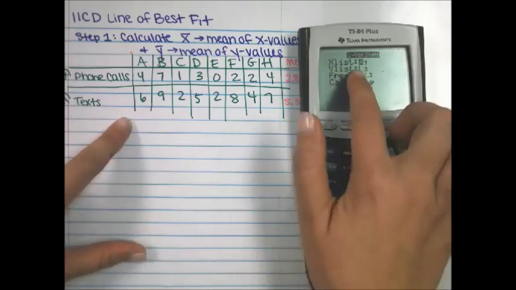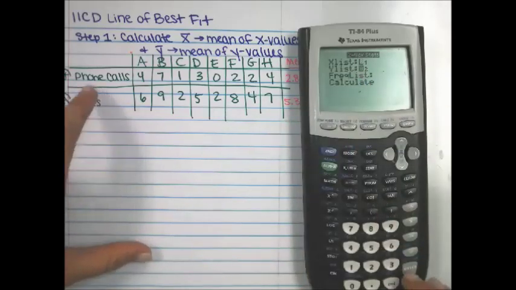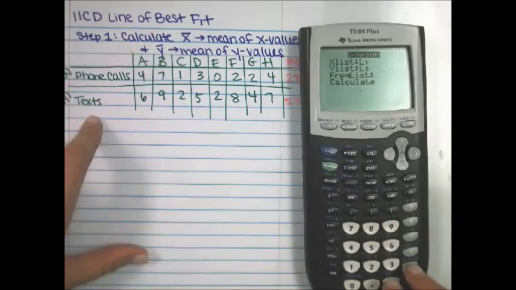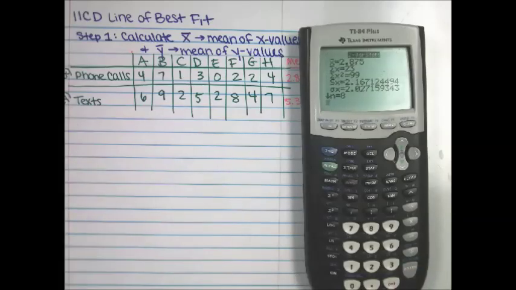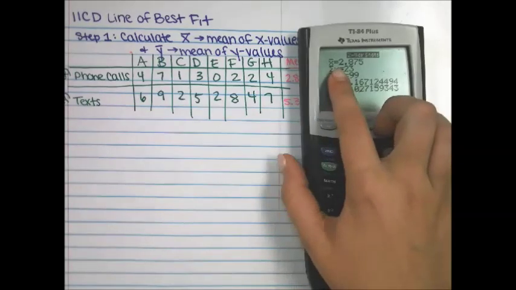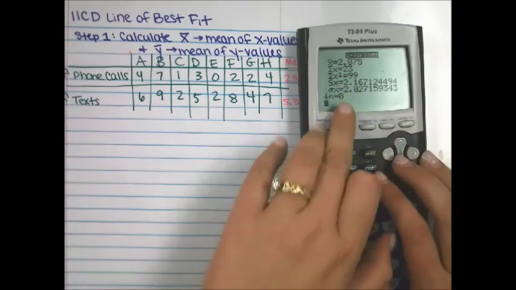Press enter. My X value was list 1, that was phone calls. Y value was list 2. I don't have a frequency list, so I calculate, and it gives me a lot of information. It pretty much gives you your 1-var statistics, but for both sets of data, the X's and the Y's. X bar is here, the mean of my X values.